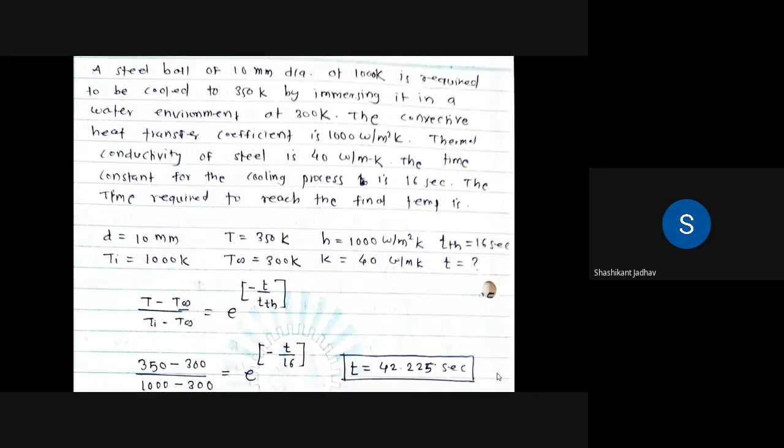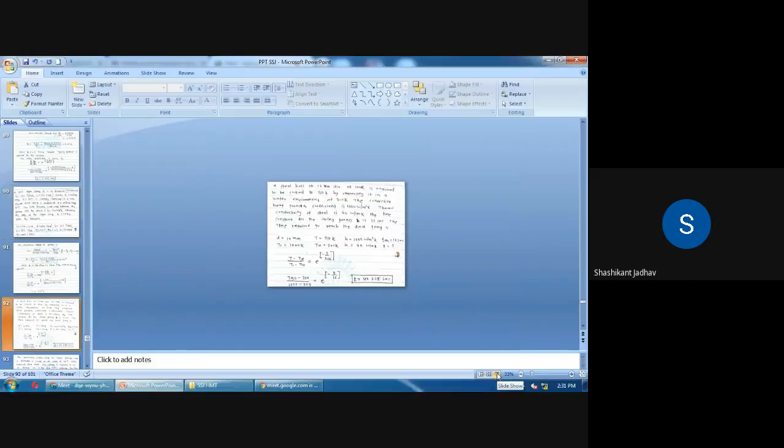It means that after 42 seconds, the steel ball with initial temperature 1000 degrees becomes 350 degrees. This problem is related to transient heat conduction. Here our first unit, conduction, is completed.